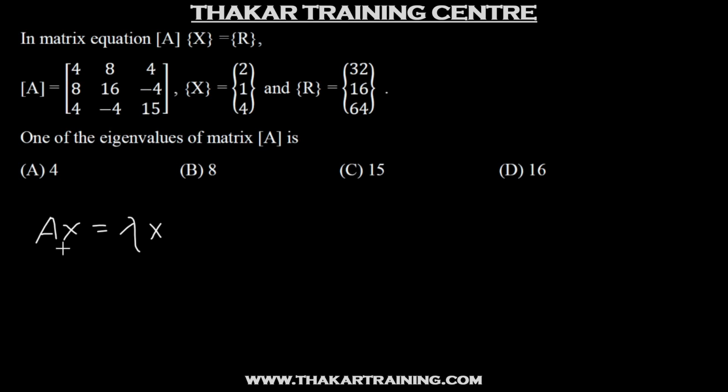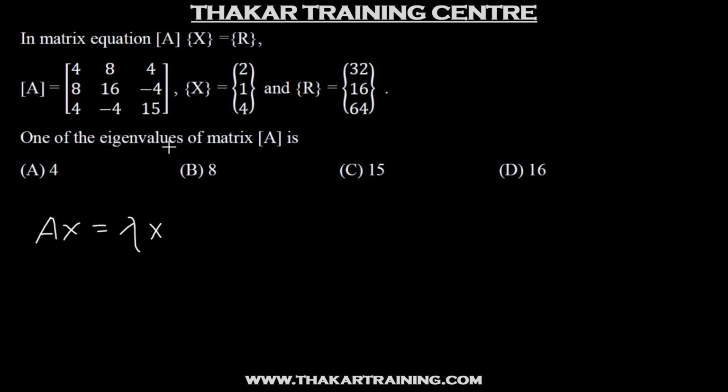For any non-zero vector x, if there exists a value lambda such that Ax is equal to lambda x, then we say that x is the eigenvector associated with eigenvalue lambda. So if there is any non-zero vector x that satisfies Ax = lambda x, then lambda is the eigenvalue and x is the eigenvector.